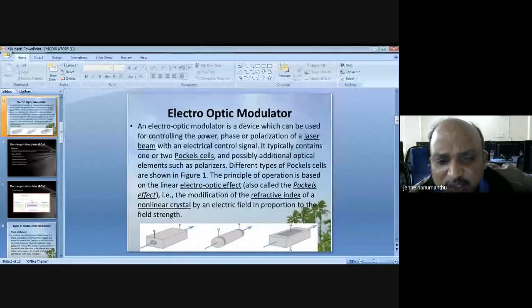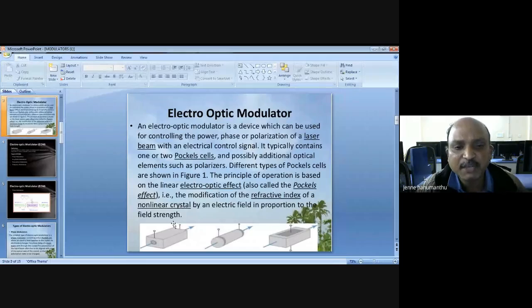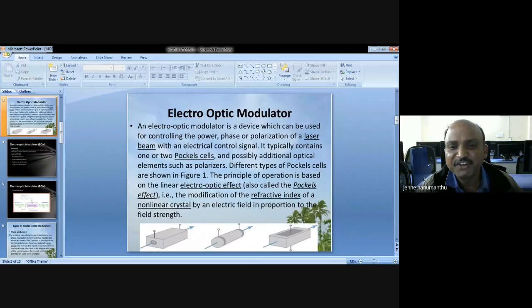In this we can also see the different shapes of these modulators available. See, this is one type of crystal modulator, an optical material.